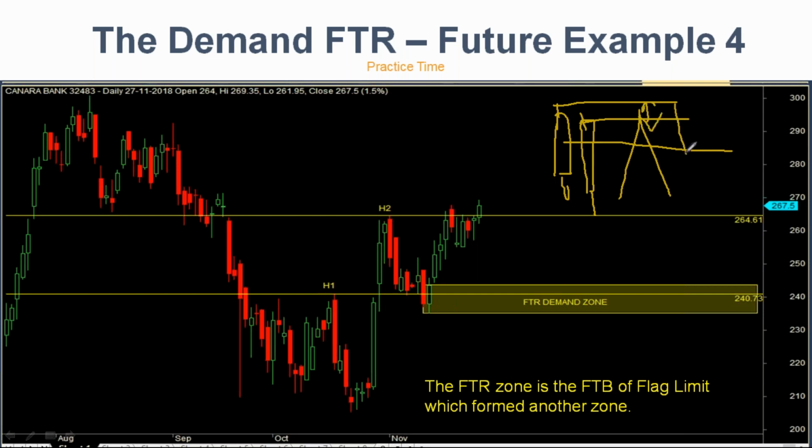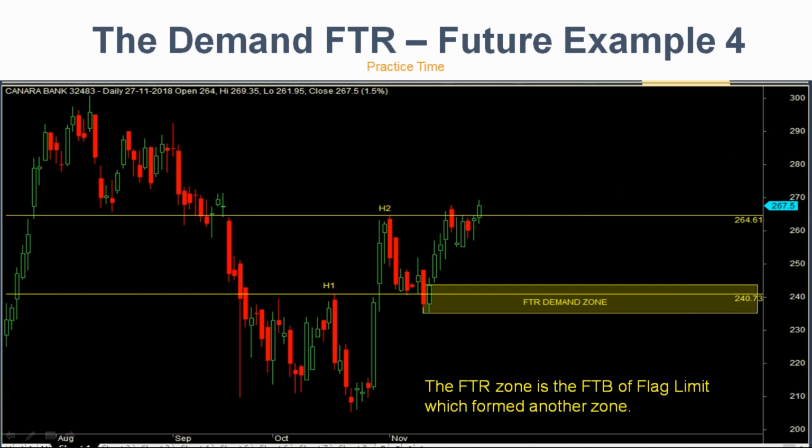What is a zone? Zone is a point of reversal. Zone is a point of action. Zone is a point of resting and moving up. Don't think the base is required. Base need not be required. That's what we discussed. Yes, every time we may not get a zone.